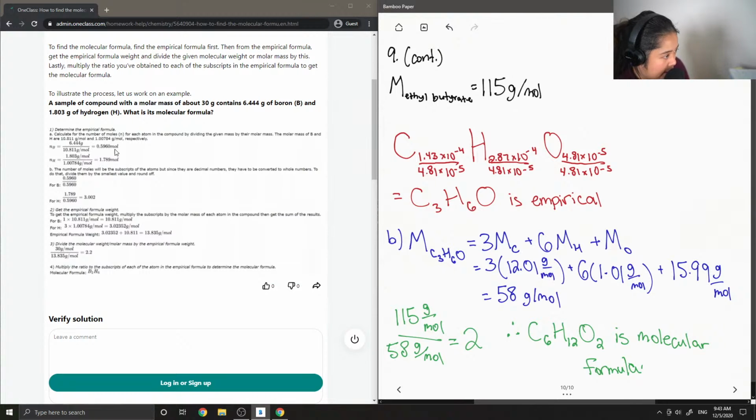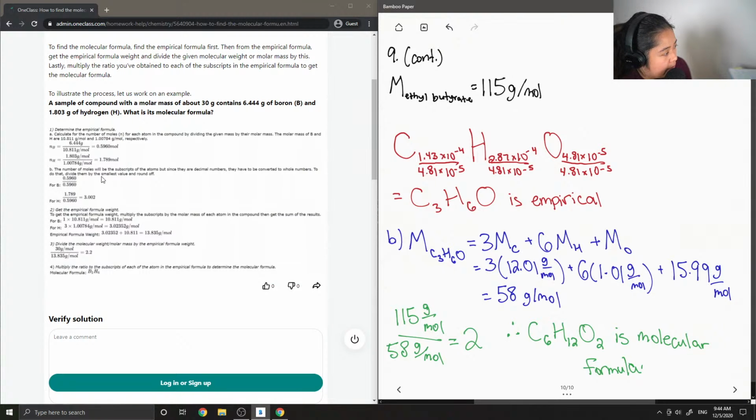What is its molecular formula? Okay, so they gave us the mass already, so we don't need to solve for the masses, we just need to find the number of moles. For boron, they just divided 6.444 by boron's molar mass to get 0.59 moles. For hydrogen, 1.803 divided by its molar mass, and they got 1.789 moles.